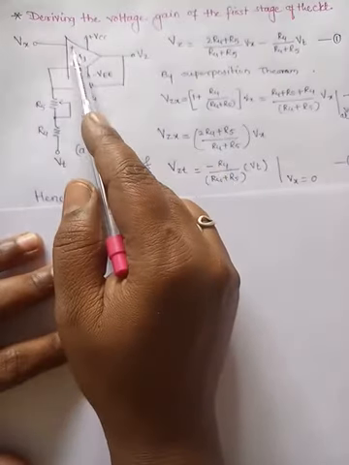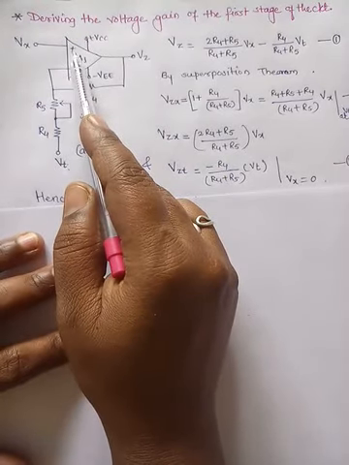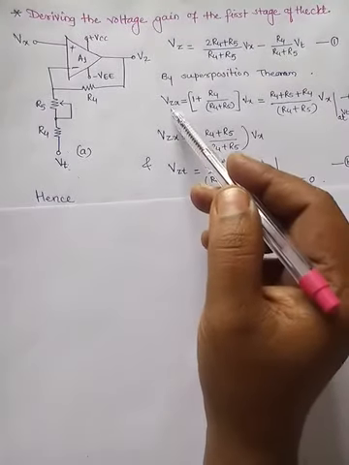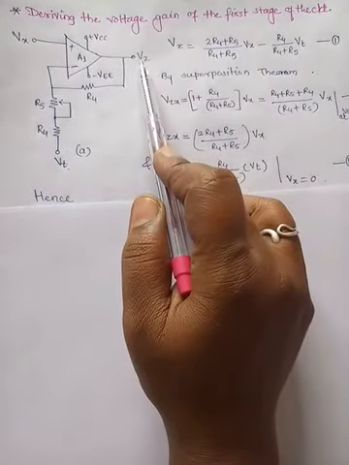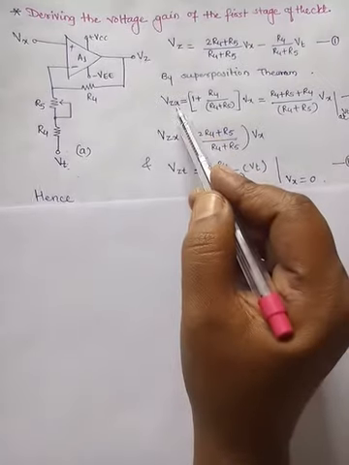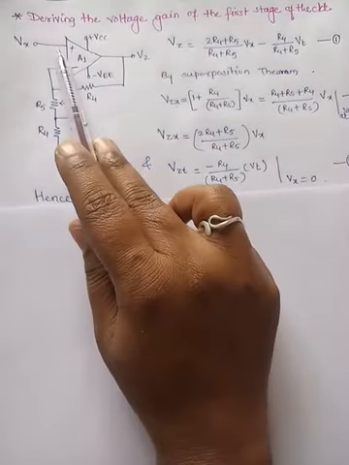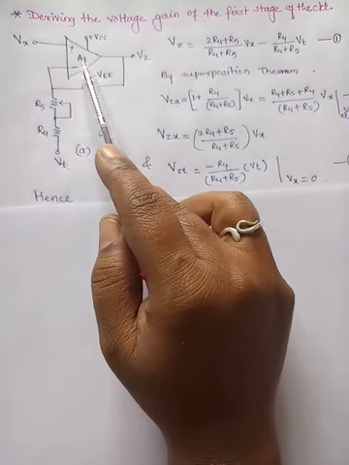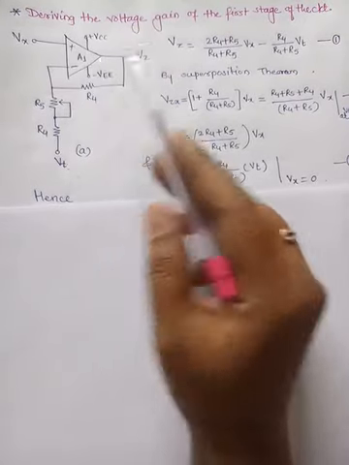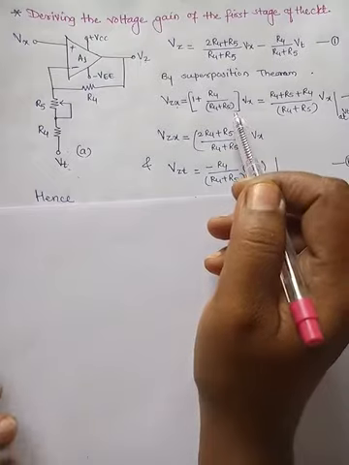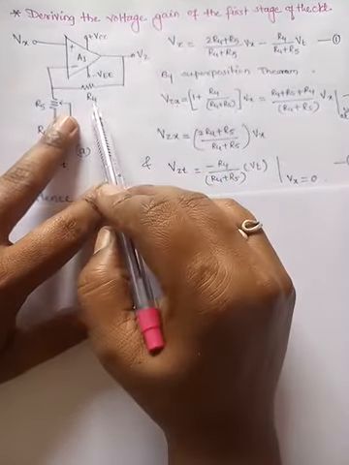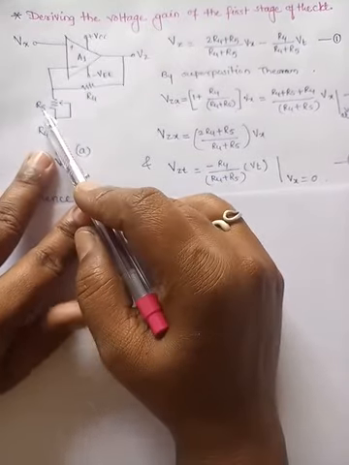The op amp is in non-inverting configuration. By the superposition theorem, first find the voltage at the output Vz because of x. As only Vx is given, the op amp is in non-inverting configuration, so we write the non-inverting equation, which is 1 plus Rf by R1 into the input voltage. Here Rf is R4 and R1 is R4 plus R5.